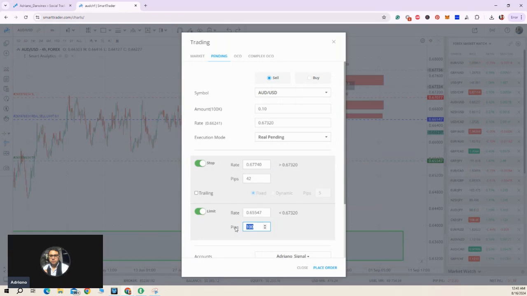If I risk 42 pips, at least I need to win 60 pips out of it, because if not, in the long term, I'm not gonna be profitable. So in this case, let's put 85, two times the risk, so 85 pips. Let's place this trade. It's a pending order. Have to make sure that it's pending. We don't want to do any market order.